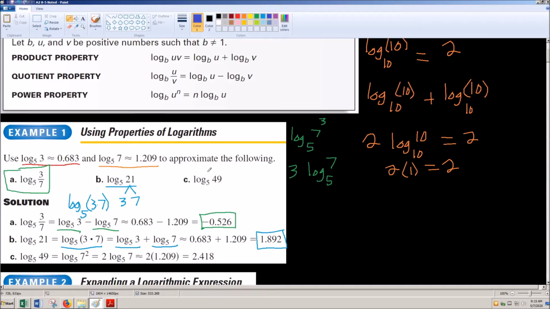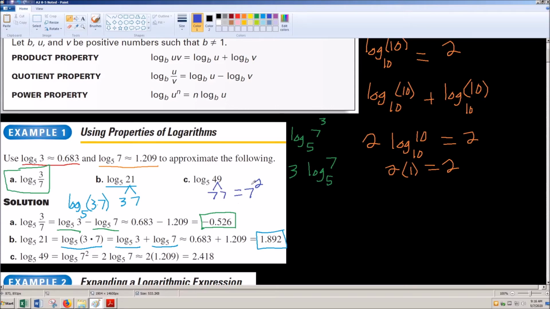For the last one, you could make an argument that this is 7 times 7. I'm going to say there's a better way of doing it, and that's to think of it as 7 squared. If I put like 343, you know, there's only so many times I want to write 7 times 7 times 7 before I give up and just say, okay, it's 7 raised to the blah. So when we're looking at this one, I'm going to actually push us in the direction of representing it with an exponent.